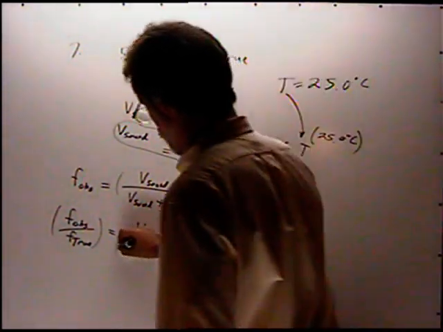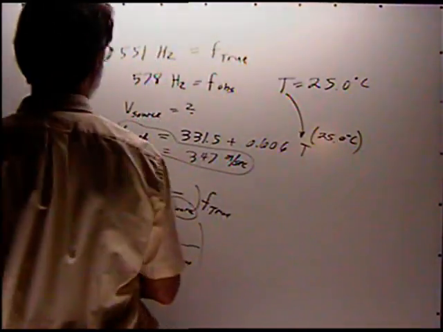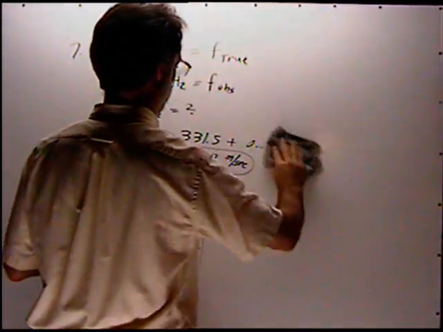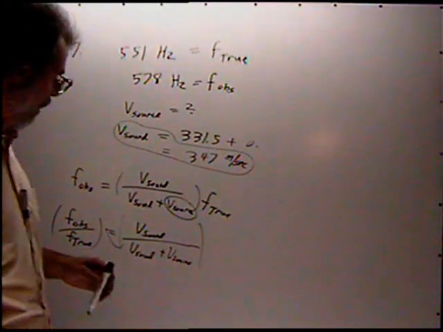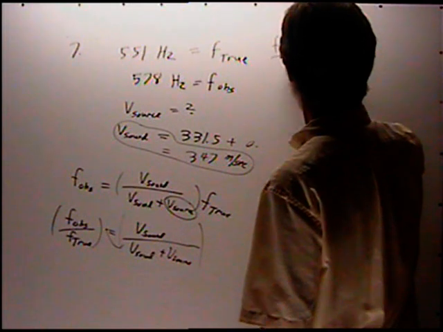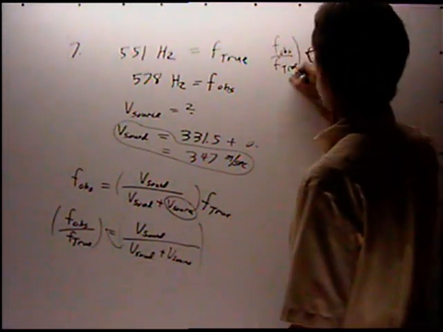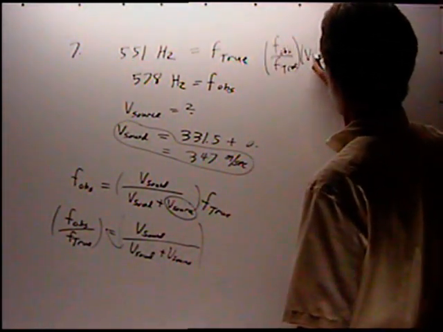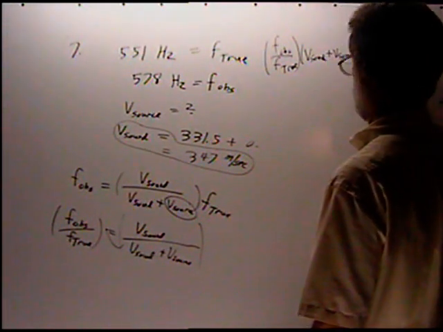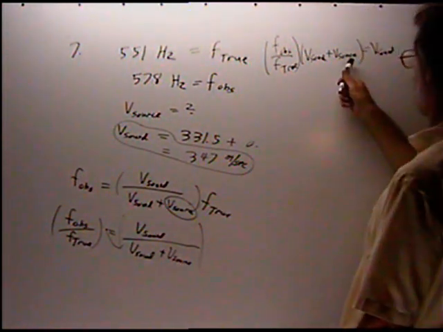Let's multiply this over there by the denominator. I should have made more room here. I'm going to come over here and say F observed divided by F true, times V sound plus V source, equals V sound. Okay, I want to solve for V.